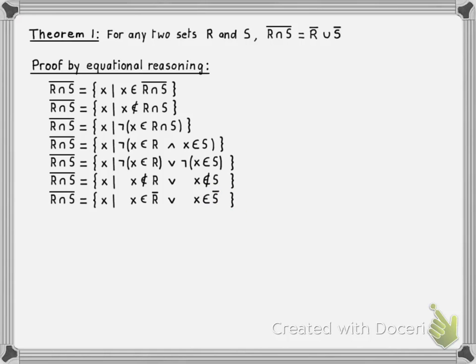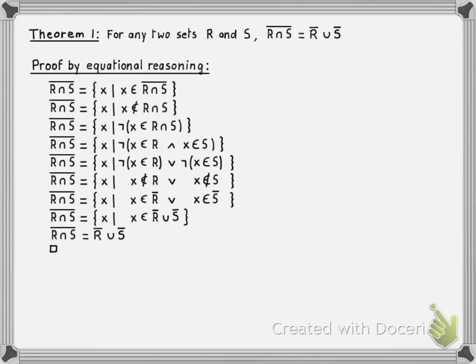Now, by definition of union, if X belongs to this set, or X belongs to that set, then it must belong to the union of the two sets. So X belongs to R complement union S complement, and this set builder notation is nothing but the definition of this set here on the right hand side. So the last step allows us to conclude the proof by equational reasoning.